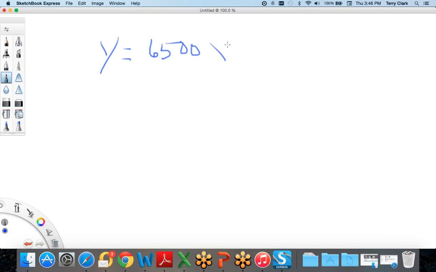So Y equals the money and X equals the months. Okay, that's the way I'm going to do it. X is going to equal the months, Y is going to equal the dollars.